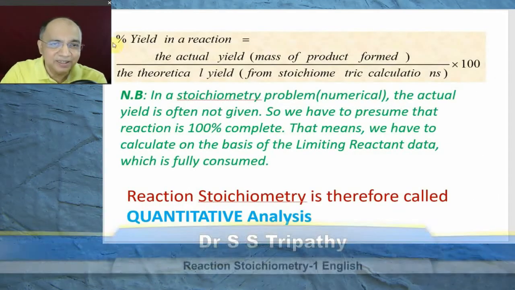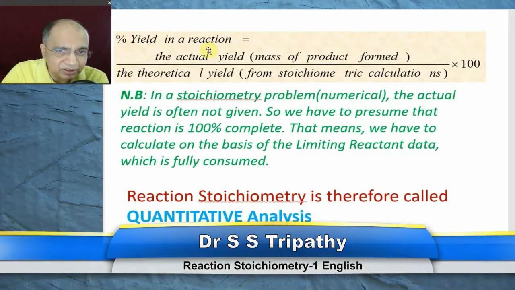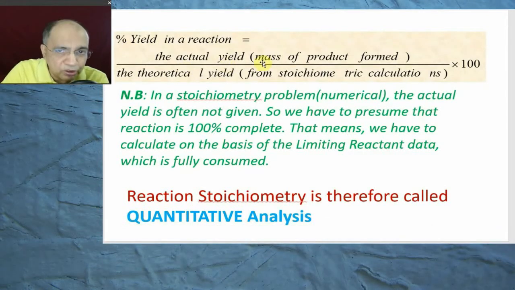The percentage yield in a reaction is the actual mass of the product formed, divided by the theoretical yield from the stoichiometric calculation, into 100.